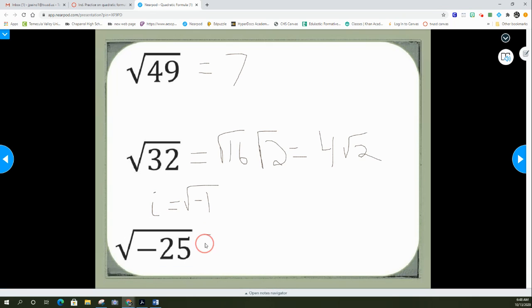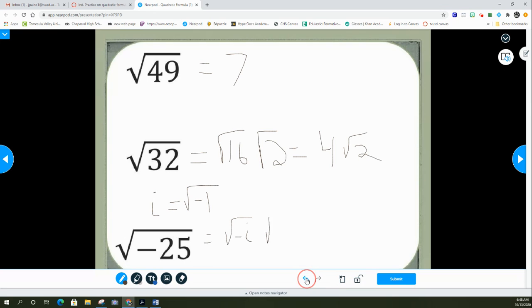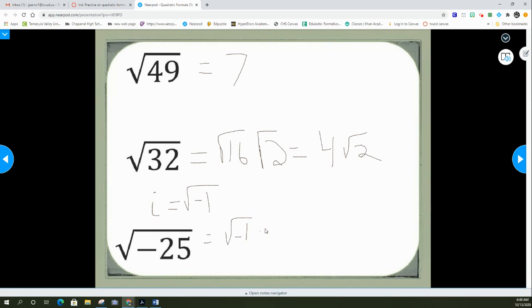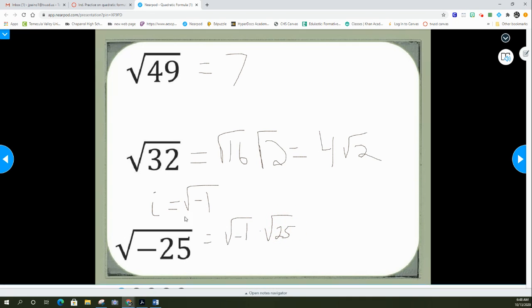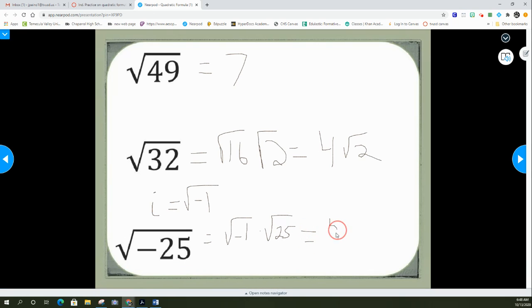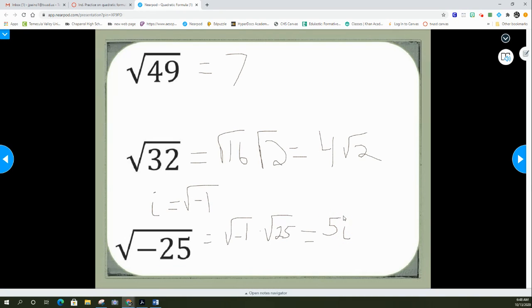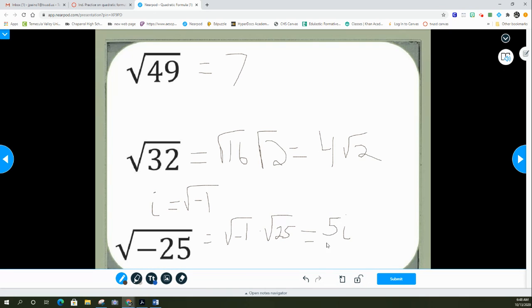So really what this is saying is the square root of -1 times the square root of 25. Since the square root of -1 is i and the square root of 25 is just 5, we write this as 5i. And the imaginary part, that i, goes after the real part. So 5i, you don't write it i5.